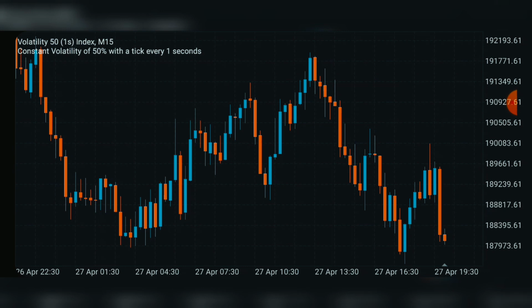To put it short, order blocks are basically areas in the market where there's an opposing candle that formed before price changes direction. For example, let's say price is moving up in an uptrend, and then there's one red candle that forms, let's say on a 15-minute time frame.